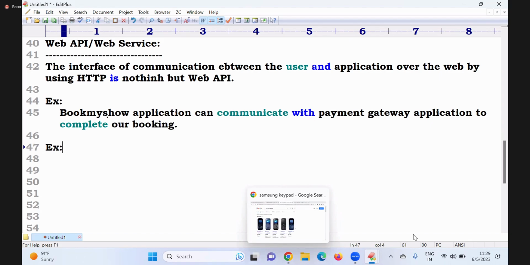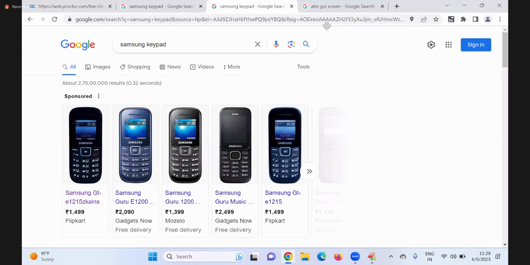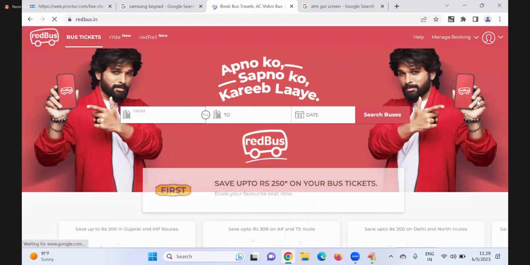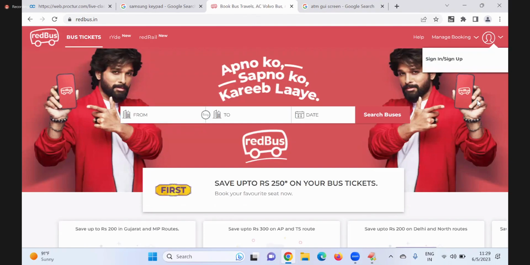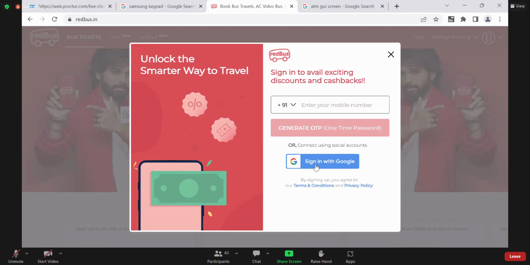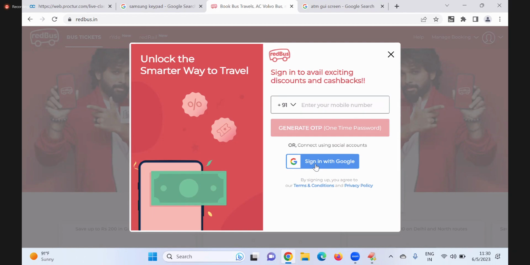For example, just now you were talking about Redbus. Check it: I opened Redbus to book the ticket. This is one application, a web application. But here if I want to log in or sign in, it is asking for Google or Facebook. So here it is one application, Redbus. Maybe I can use Redbus on mobile or system or Android, anywhere.